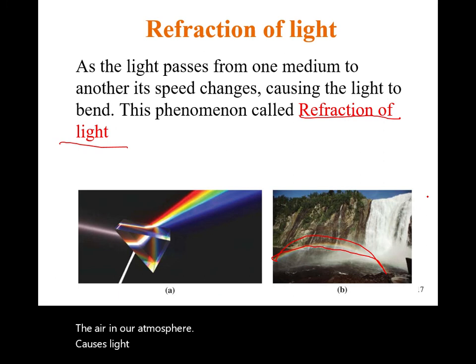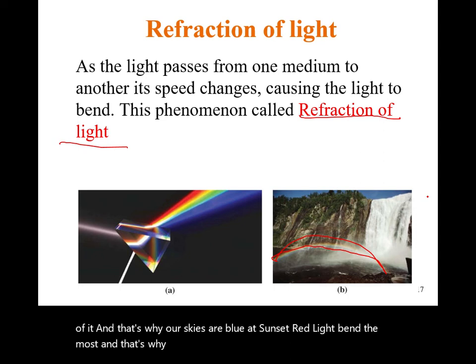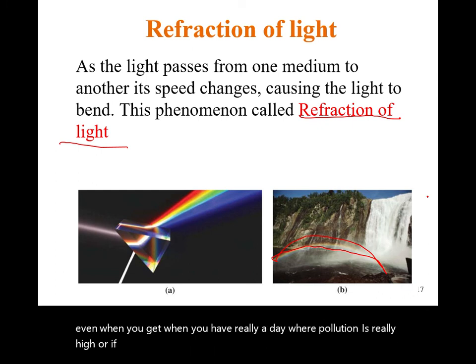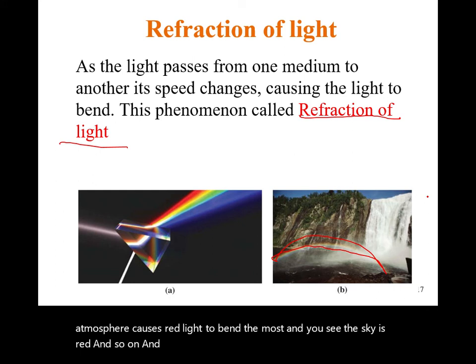The blue component of light bends the most, and that's why our skies are blue. At sunset, red light bends the most, and that's why you can see red at sunset, and so on and so forth. Even on a day when pollution is really high, or if there is a fire, because of all the components in the atmosphere, red light bends the most, and you see the sky is red. So this is known as refraction.